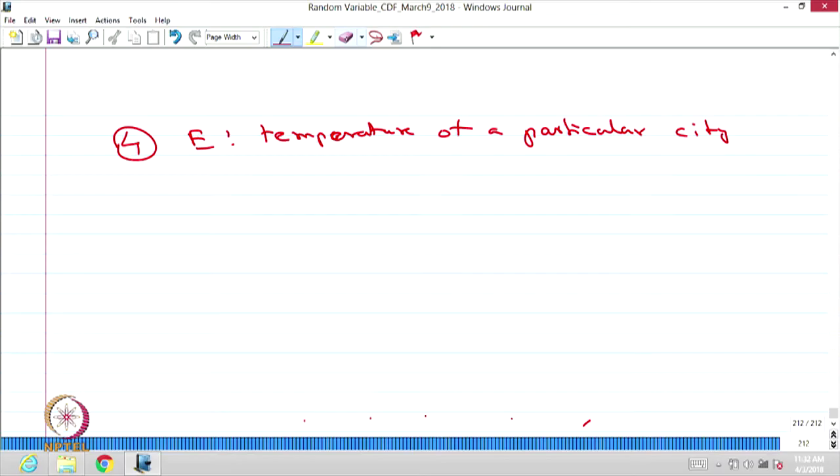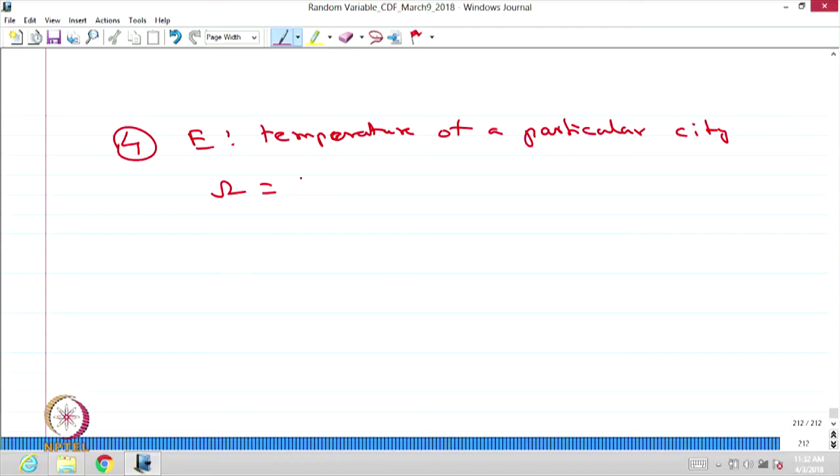In this random experiment, omega is going to be a range of temperatures. For example, it may be a collection of x such that in that particular city the temperature most of the time lies between 0 and 50 degrees centigrade.